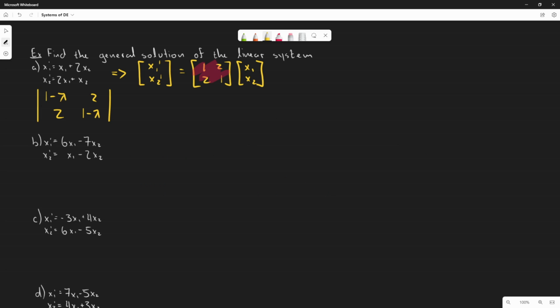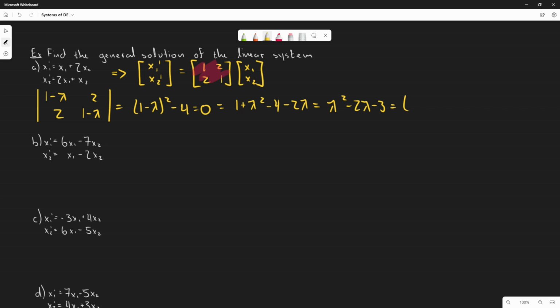So this is going to be equal to 0, so we get (1 minus lambda) squared minus 4 is equal to 0, and this is equal to 1 plus lambda squared minus 4 minus 2 lambda, which is lambda squared minus 2 lambda minus 3.